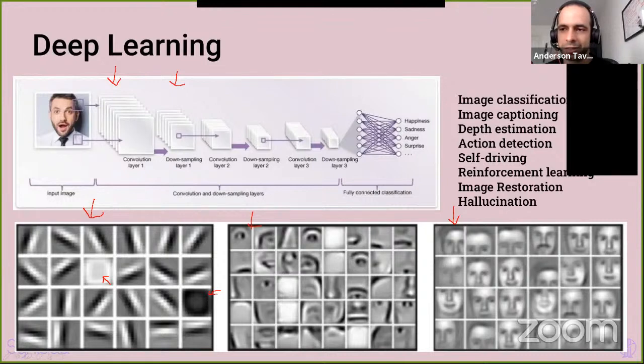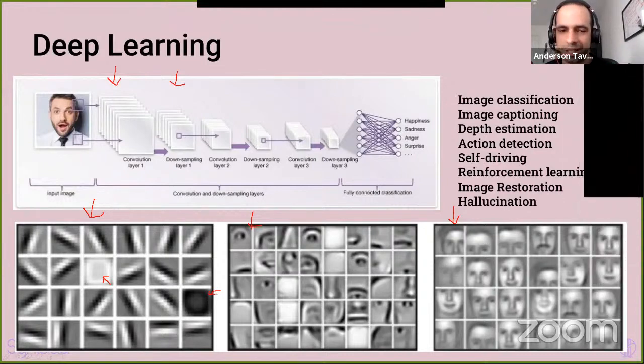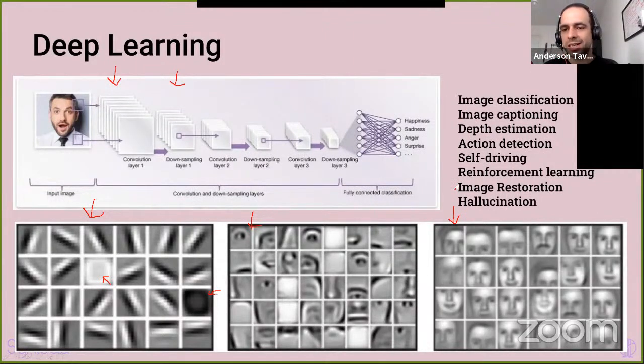So we can use that for classifying faces or objects, and for image captioning; the next slide will show that. Also self-driving, and reinforcement learning, which makes the computer play games and learn by itself by optimizing a reward function.